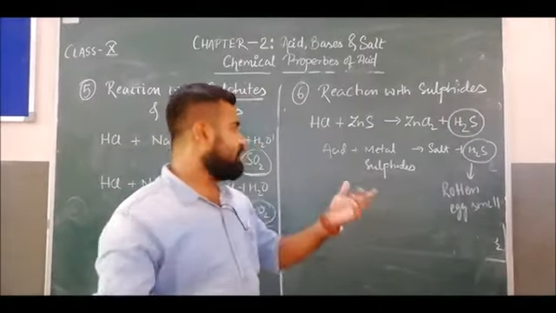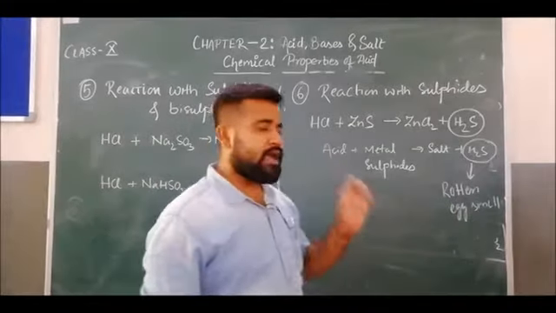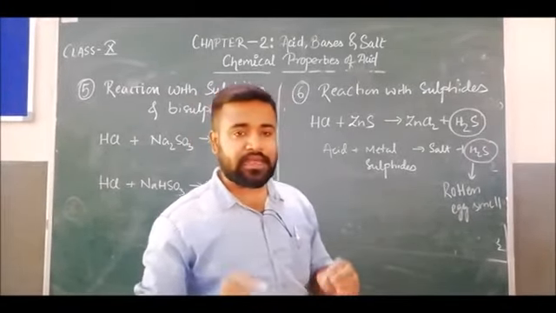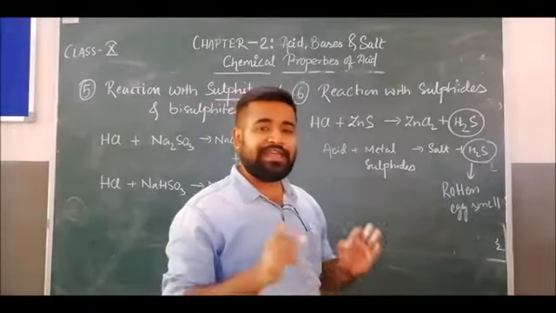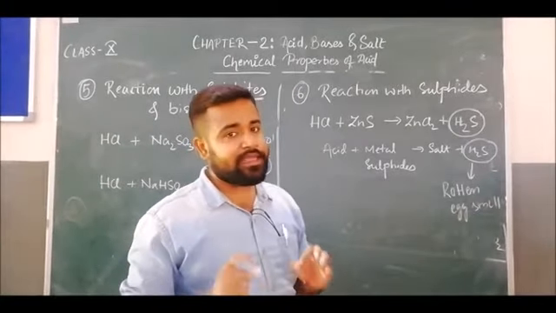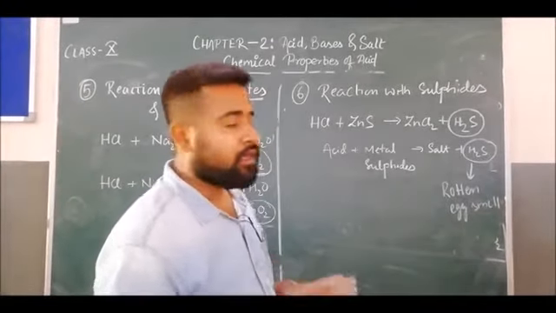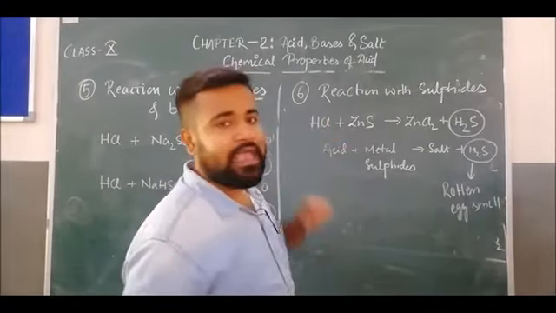So whenever acid reacts with metal sulfide, it gives salt plus hydrogen sulfide, identified by its characteristic rotten egg like smell. So this is the sixth chemical property of the acid.